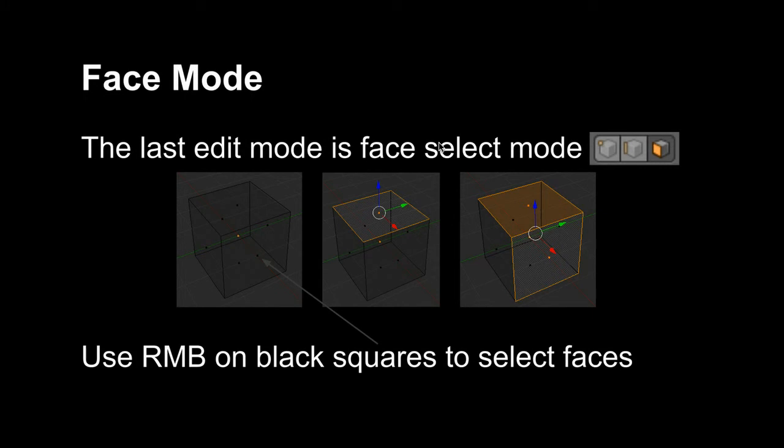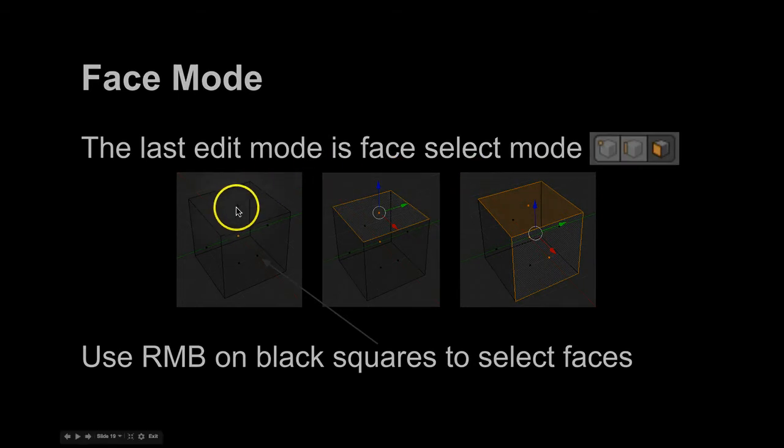The last edit mode is the Face Select mode, which allows you to select entire faces at once. When you go into Face Select mode, you see little black dots in the middle of each face. If you right-click on one of those dots, that face is selected as the active face. And with Shift, you can select multiple faces.